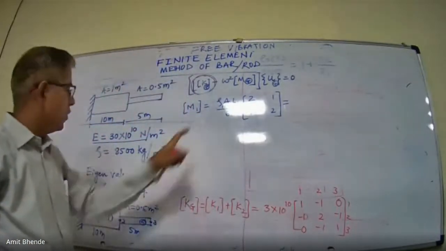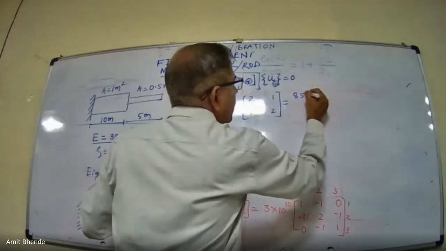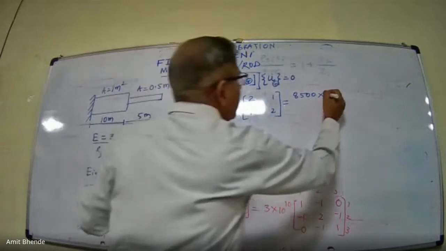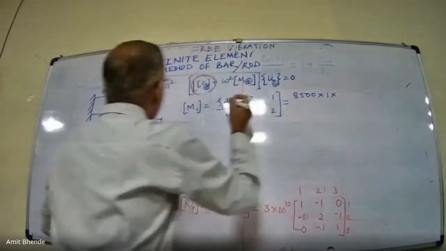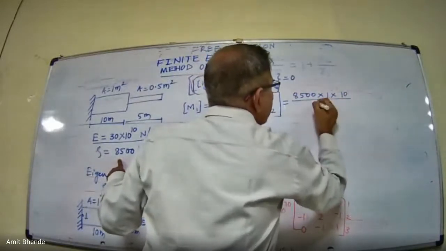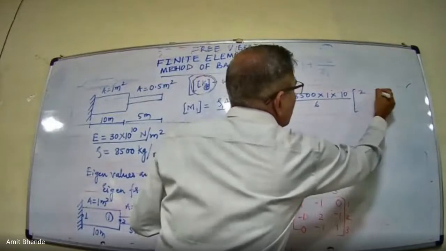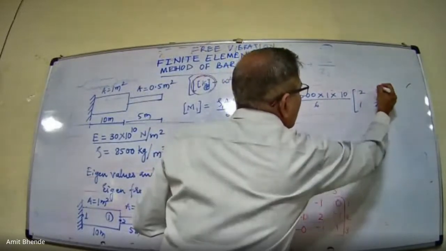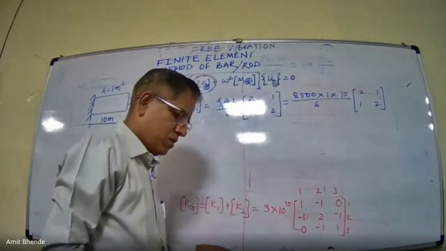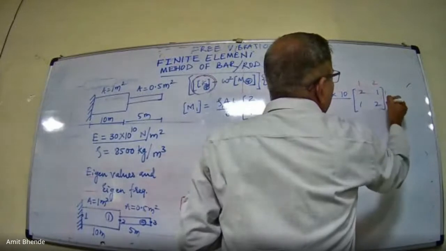So if you put the values over here, rho is 8500, area is 1, length is 10, divided by 6, into the matrix 2112, and the row and column numbers will be 1212.